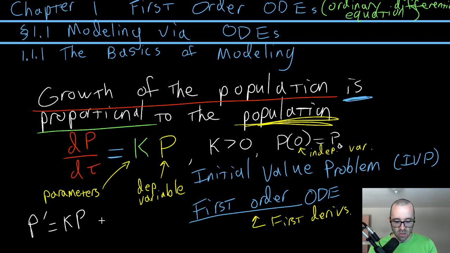We could also include the independent variable. Sometimes we don't, a lot of times we don't. We could also write p prime of t is k times p of t, right? Using that function notation. Something that you may not have seen before, although you may have seen it in physics, is p dot equals k times p.